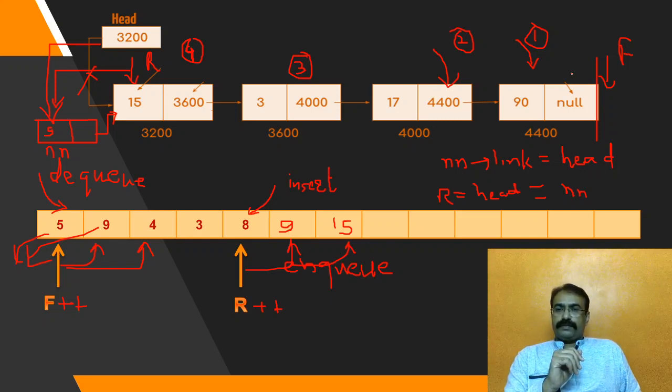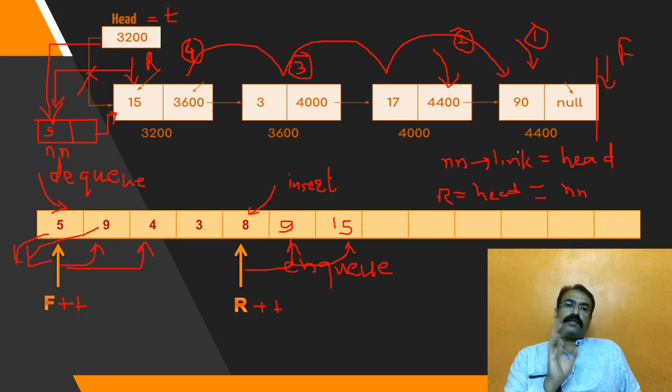What we'll have to do, we'll have to find out temp, okay, and go on checking whether temp.next is equal to null or not. Okay, if temp.next is equal to null, at that time temp is going to point here, and you can delete this element.